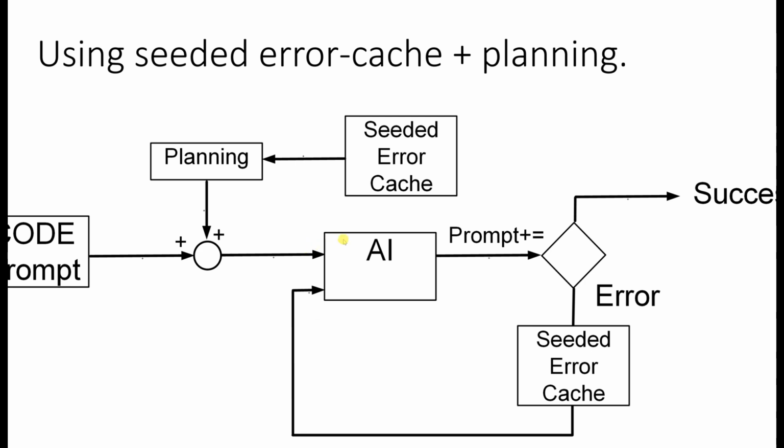So I modified it. Forget this for the moment. So I've got the code coming in here, the prompt rather, code prompt, into the AI. If it's successful, great. If it is an error, then it goes into the seeded error cache. So hopefully, the solution will be in there, because I've already pre-seeded all the solutions.